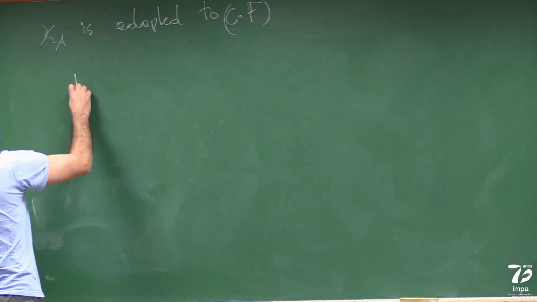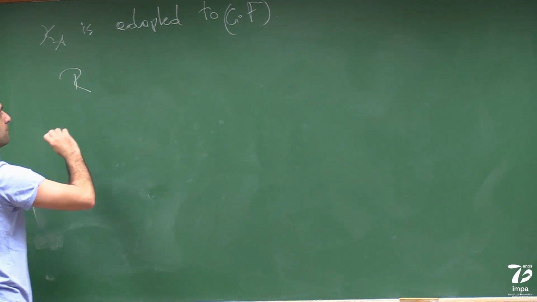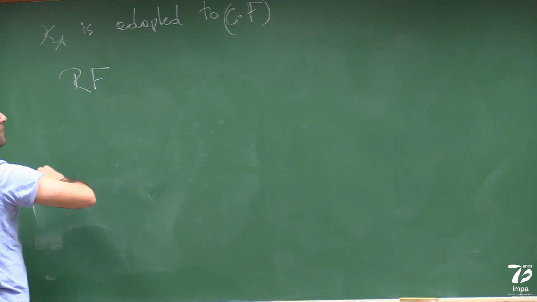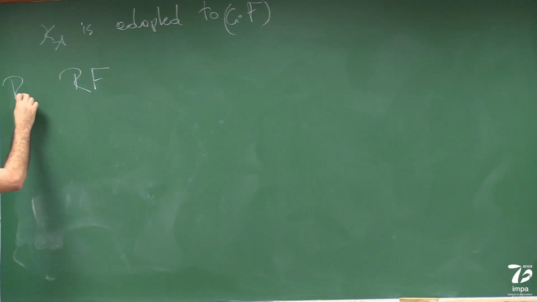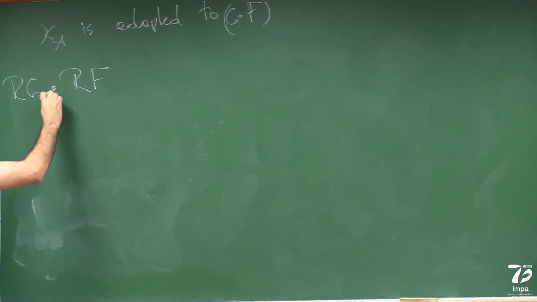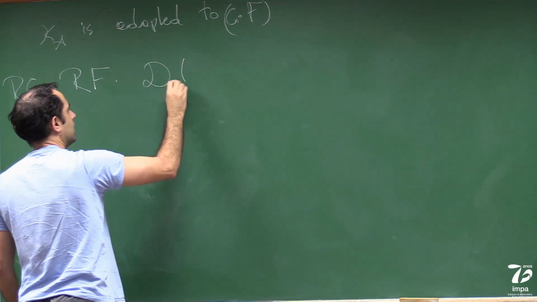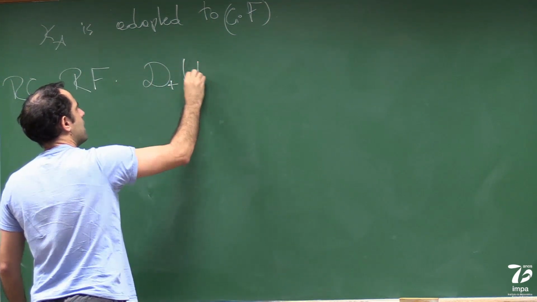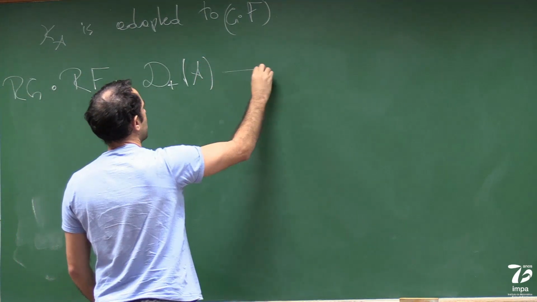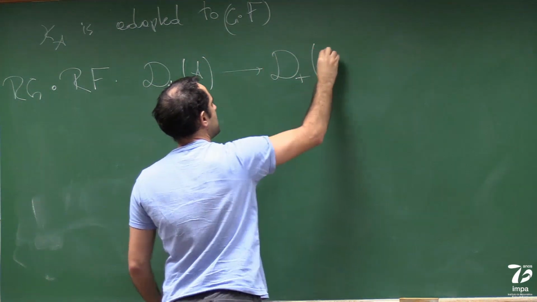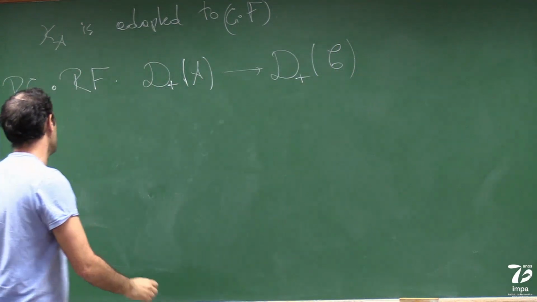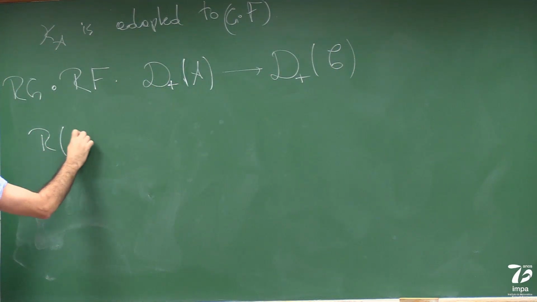So what I have is this right derived functor for F, and I have the right derived functor for G, and I can compose them. So this is a functor from the derived category of A to the derived category of C. And I also have the composition.